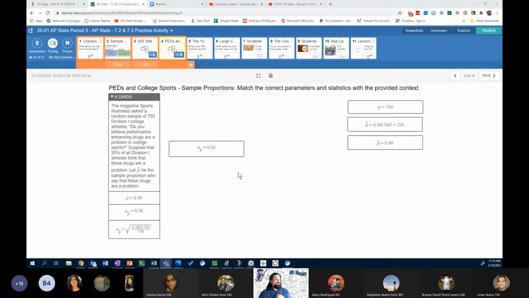I'm going to open up the next 4 problems in just a moment. For these next 4 problems, it'll be screens 5, 6, 7, and 8.